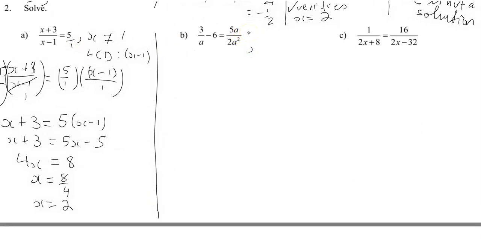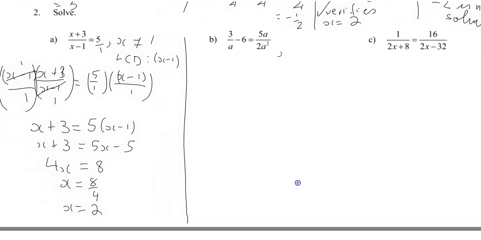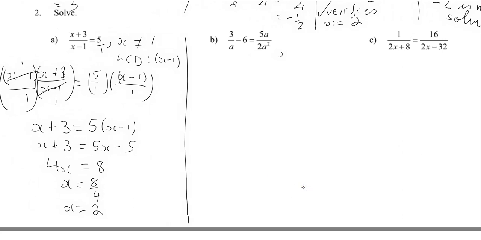Nothing to factor here. Okay, move the whole thing. But there is the non. So I'm going to write this as 6 over 1 because you need a denominator for everything. So a cannot equal 0, and our lowest common denominator is going to be 2a squared.